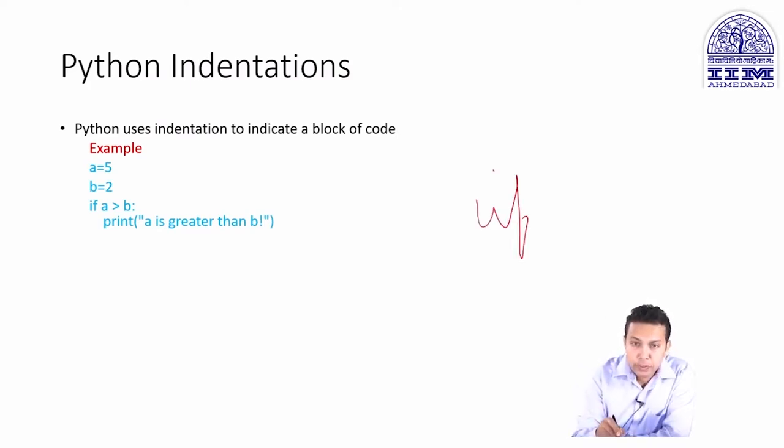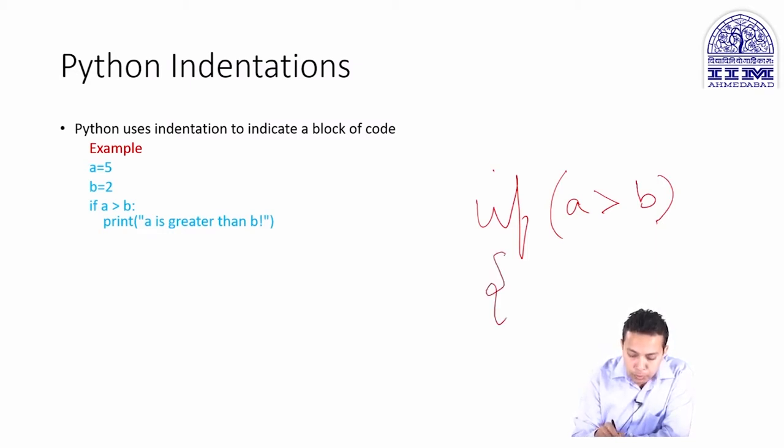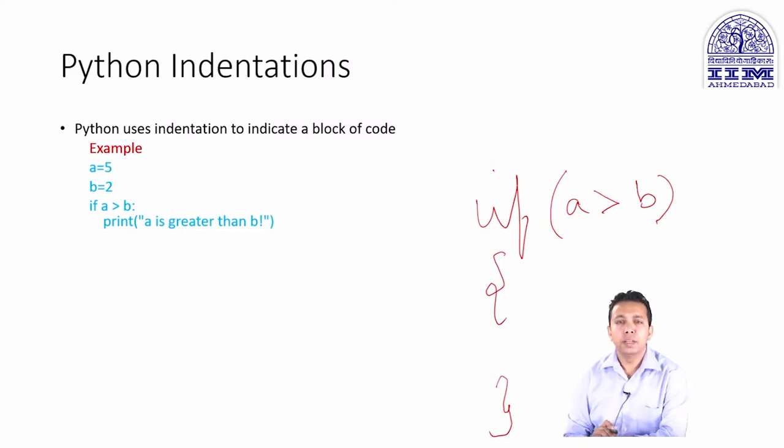So, you say if a is greater than b, then you put your block of code together in curly braces, right. In Python, these braces are not required. Rather, you put the block of code together just by giving an indentation, which is a space of 4 characters or the tab character.